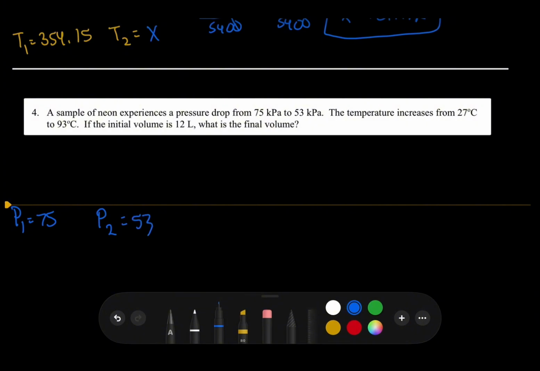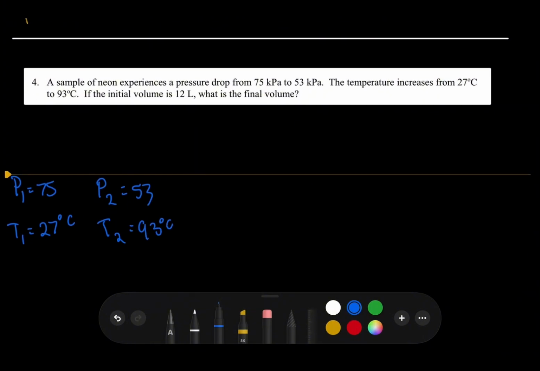Then our initial temperature is 27 degrees Celsius, and our second temperature is 93 degrees Celsius. And then the initial volume is 12 liters, and we're looking for our missing volume, the final volume, because that's what we don't know.